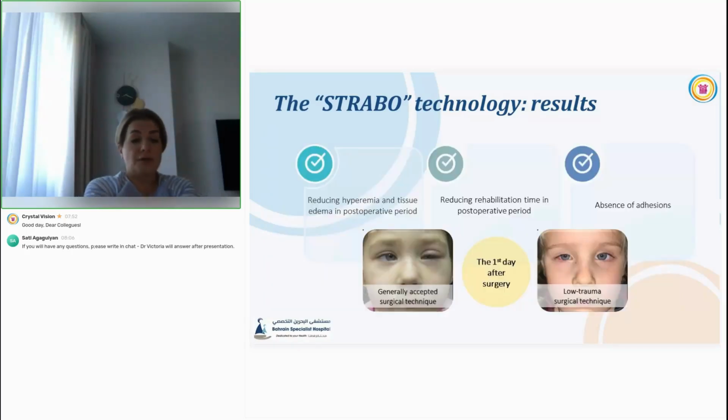Therefore, the use of minimal invasive technique leads to a significant reduction in tissue hyperemia and swelling in the postoperative period, a considerable decrease in patient rehabilitation time, and practically eliminates the formation of adhesion.